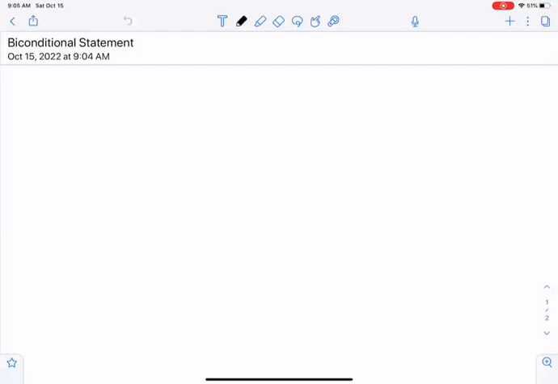So we denote a biconditional statement simply by using an arrow that's pointing in both directions. There is a specific name for that arrow, as in going both directions, I forget.